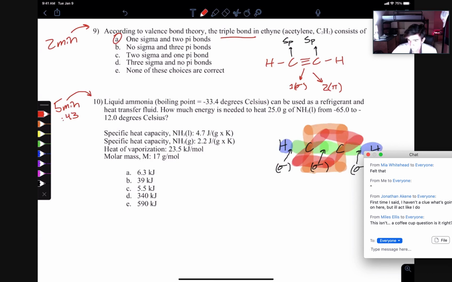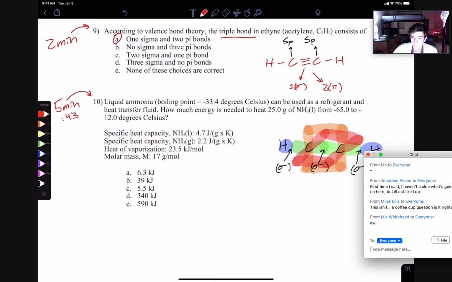So someone said this isn't a coffee cup calorimetry question, is it? Slightly. Like some steps of it have to do with Q equals MC delta T, but some steps don't.